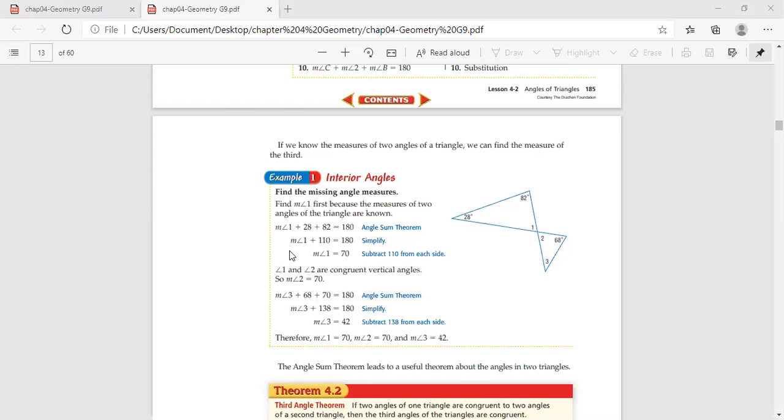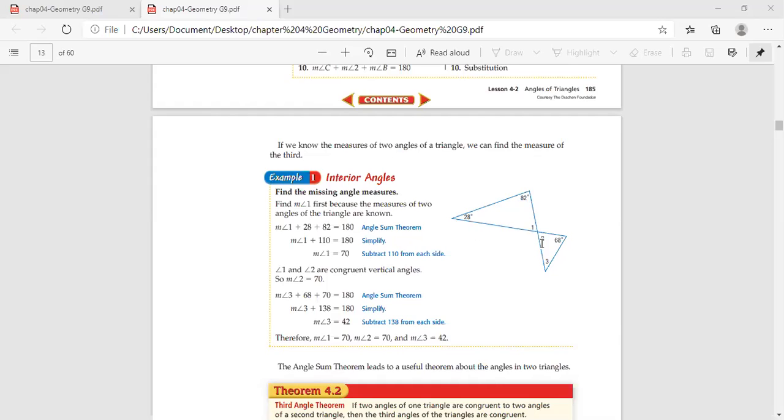Then we simplify 82 plus 28, which is 110, and this equals 180. We add the additive inverse to both sides. Then the measure of angle 1 equals 70 degrees.